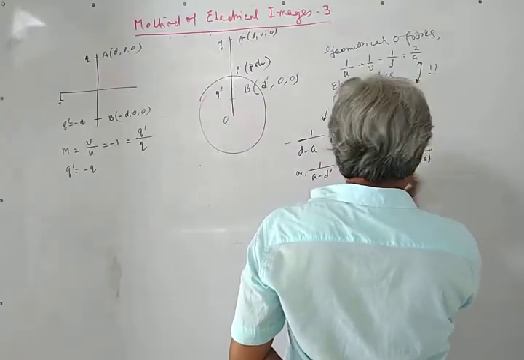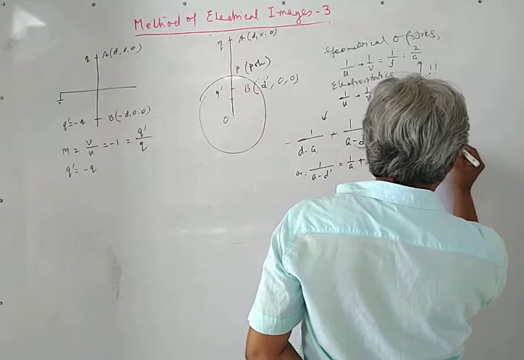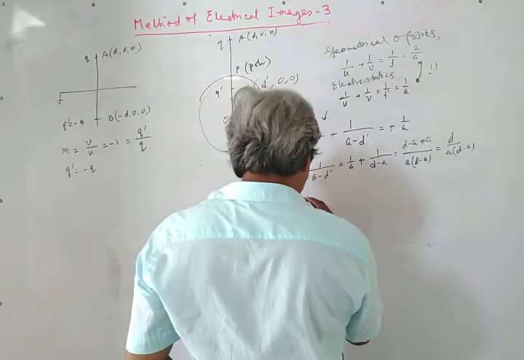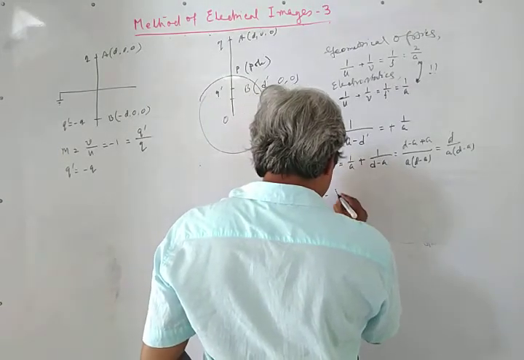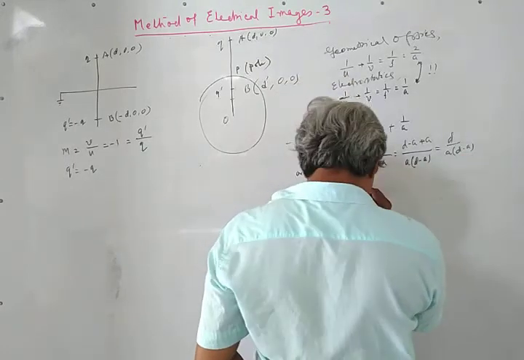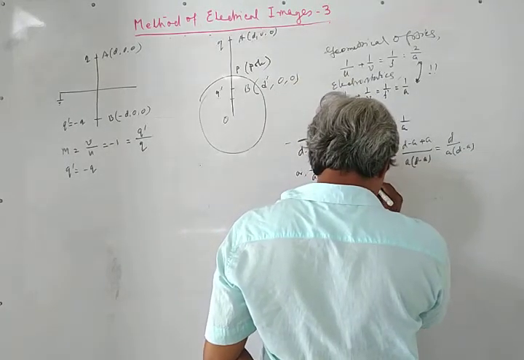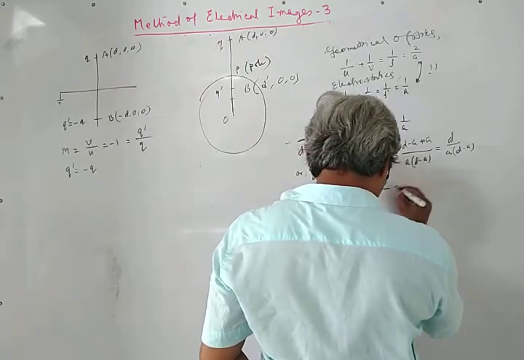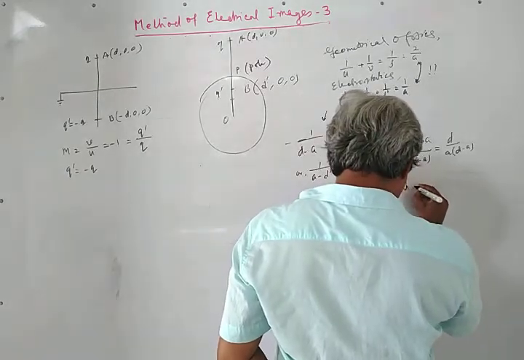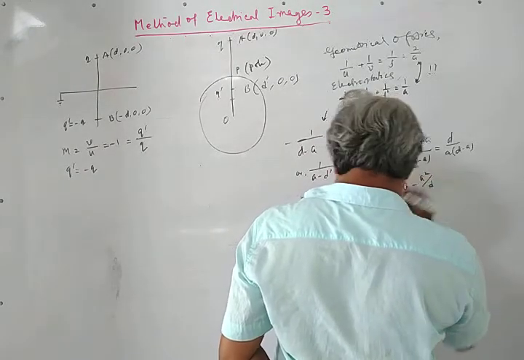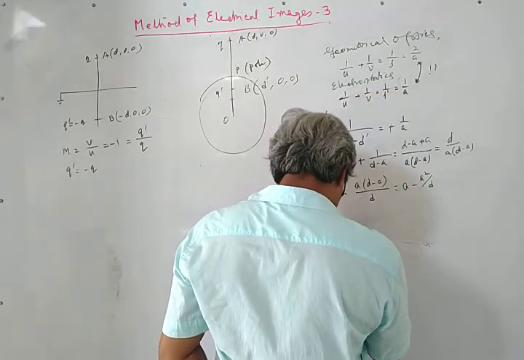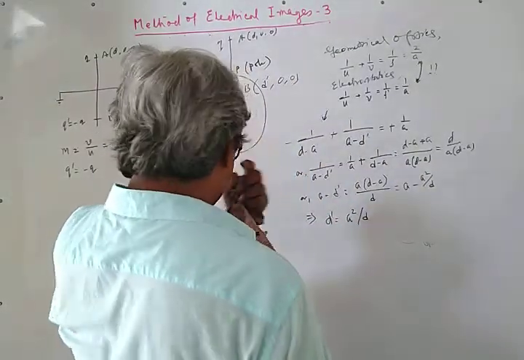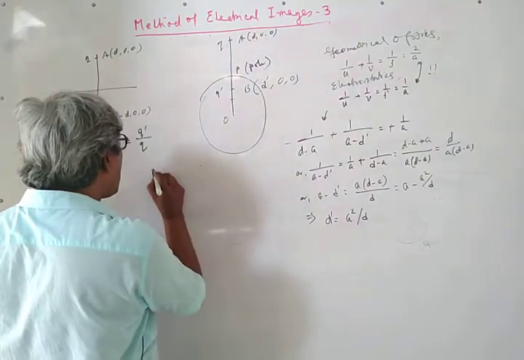So this is D minus A plus A, so this is D by A into D minus A. If we interchange the numerator and denominator, A minus D prime is equal to A into D minus A by D. This term is simply A minus A square by D. This A cancels, which gives us D prime is equal to A square by D, the location of the image charge.